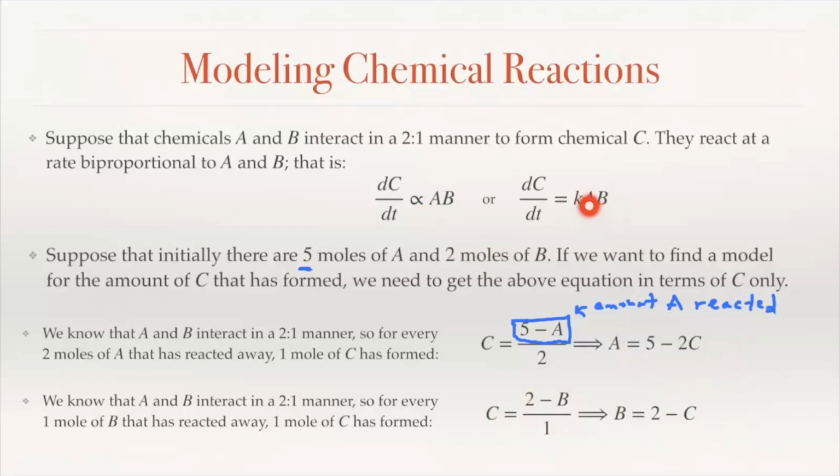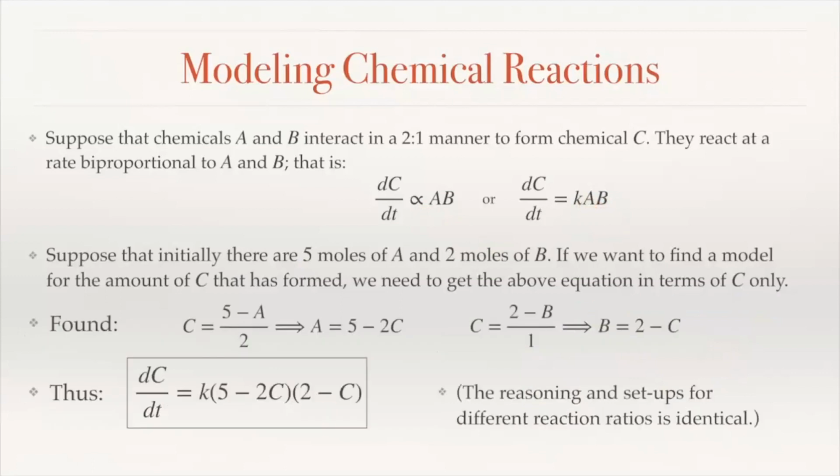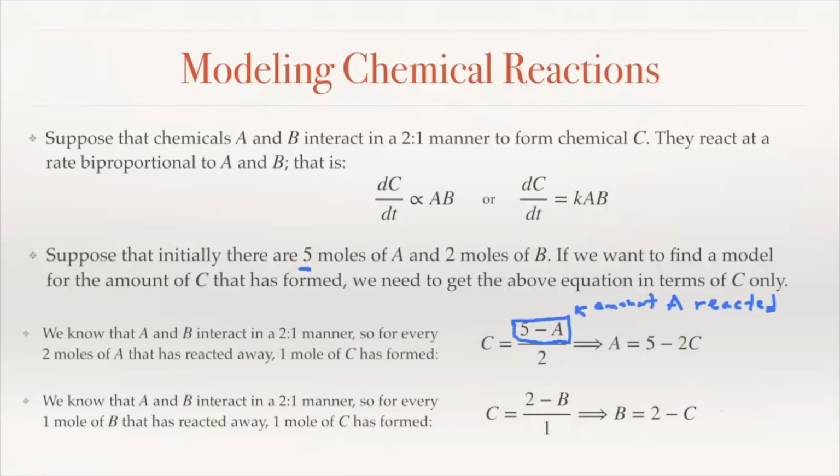We have A and B in terms of C only, and we will get our differential equation. Because A is that and B is that, this differential equation becomes this. And the reasoning and setups for different reaction ratios would be identical to this.